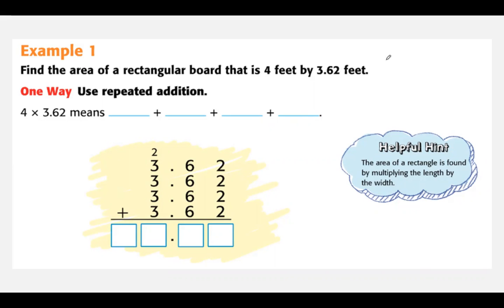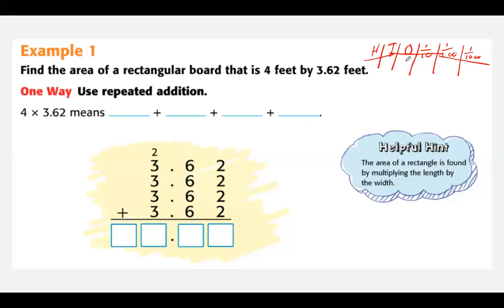So remember, with our place value, let me quickly do your place value chart. You've got your ones, your tens, and your hundreds. And then you've got your tenths, your hundredths, and your thousandths.